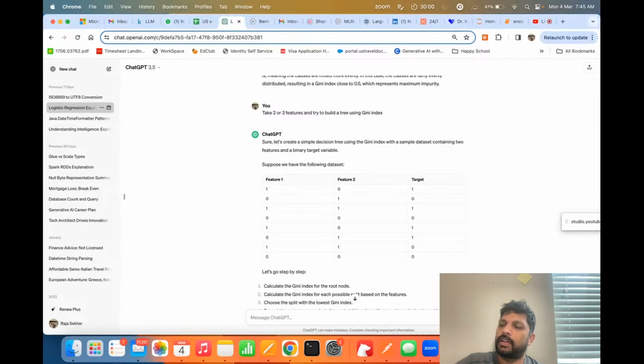Then it will split as 1 comma 0 and 1 comma 1, and here it is 0 comma 0 and 0 comma 1, same. Leaf nodes need not be split because they're already on the last mile.